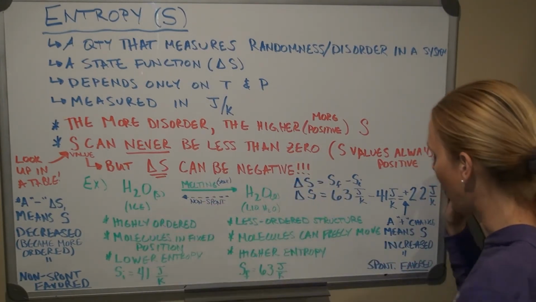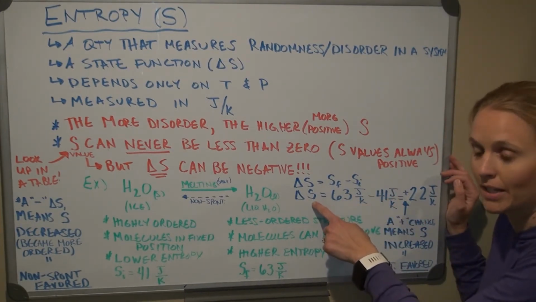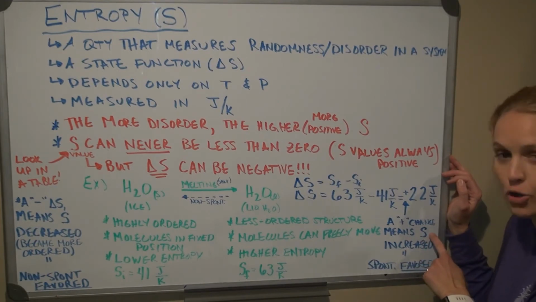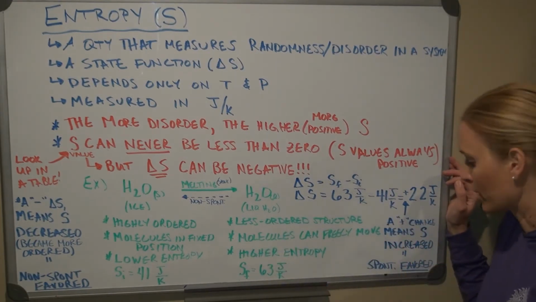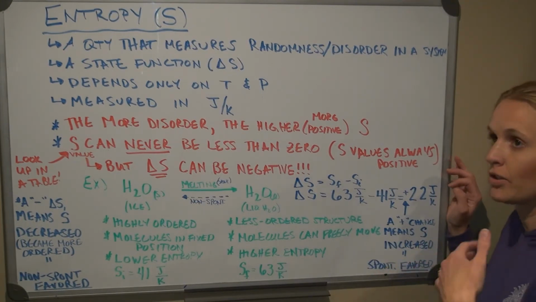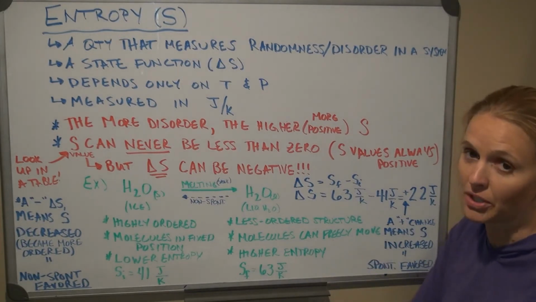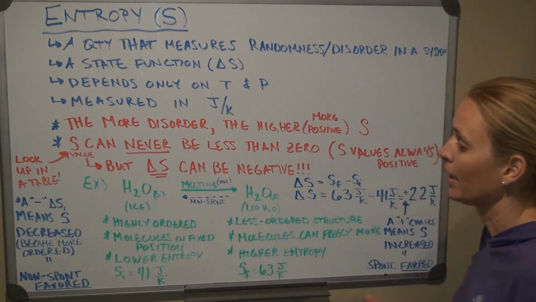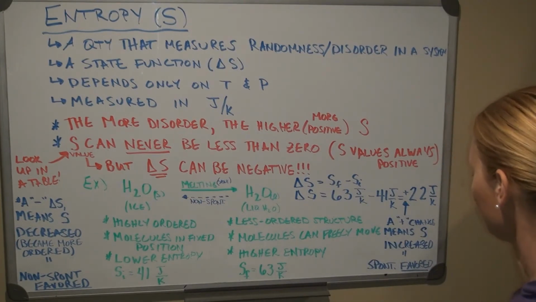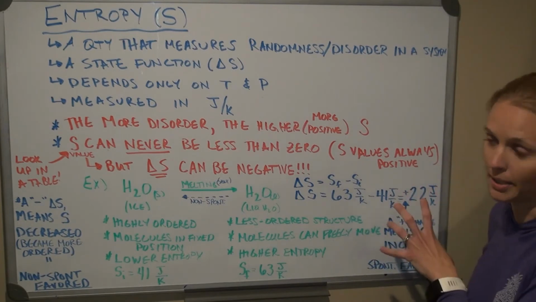A positive delta S means that the entropy for that process, for that chemical reaction, whatever it is, increased, and spontaneity would be favored. It doesn't necessarily say that it is spontaneous, but it would definitely be favored, because it also depends on the temperature and other conditions at which it's occurring. So spontaneity is favored if delta S is increasing.